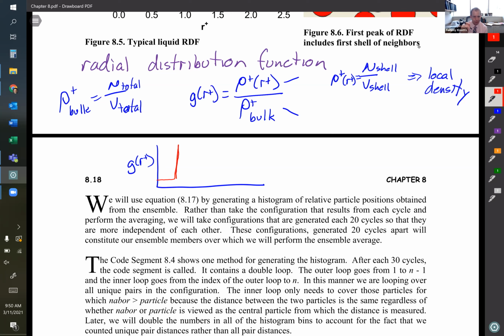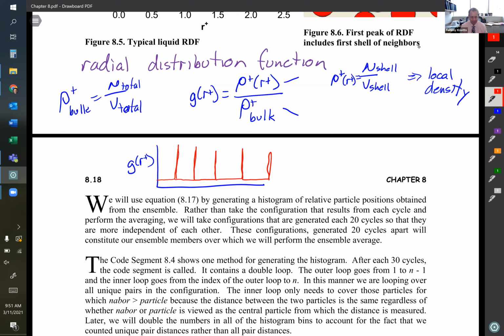As long as I have a nice, perfect crystal, what I'm going to have is a bunch of delta functions, where on my crystal lattice sites there's a very high likelihood the atom will be there, but it's not in the interstitial region, between the lattice sites, unless I had some sort of dislocation.